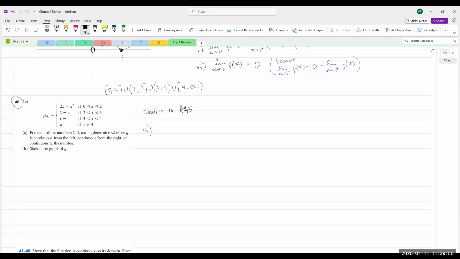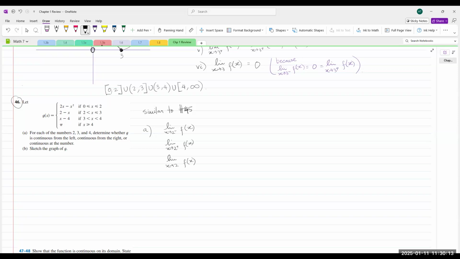So we need to check at 2. Limit as x approaches 2 from the left hand side of the function, how about limit as x approaches 2 from the right hand side? Therefore, does the limit exist at 2?